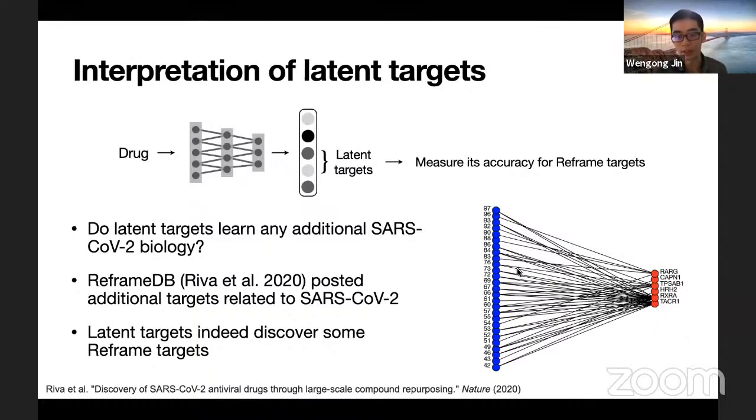And you can see that there is quite a significant association between these latent targets and the biological targets here. And we think these latent targets are capable of identifying even some new targets that may be relevant for SARS-CoV-2, which are not yet identified.